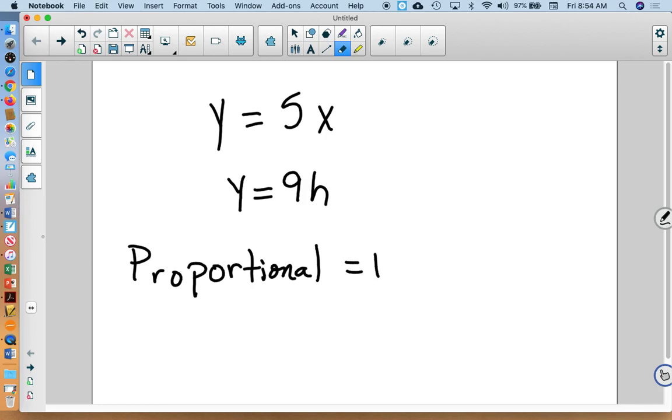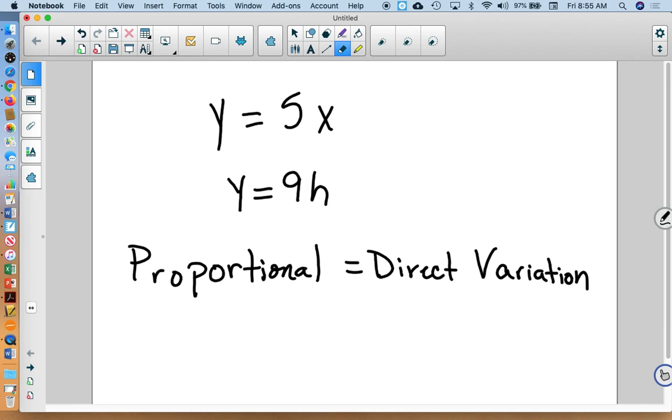Proportional equals direct variation. They are the same thing. So if somebody asks you if the data that you have graphed is proportional and you already know it's got a direct variation, it's the same thing. Direct variation is a term that you're going to hear on your assessment.